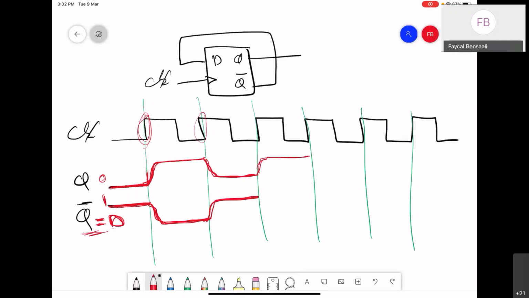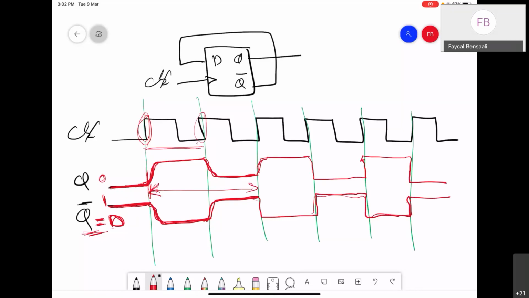As you can see, we get another square wave. Do you understand? The period of this one is double that of the original clock, and we call this circuit a clock divider.